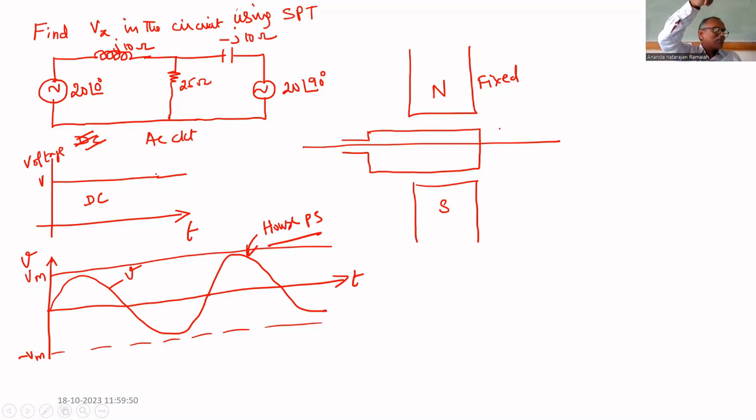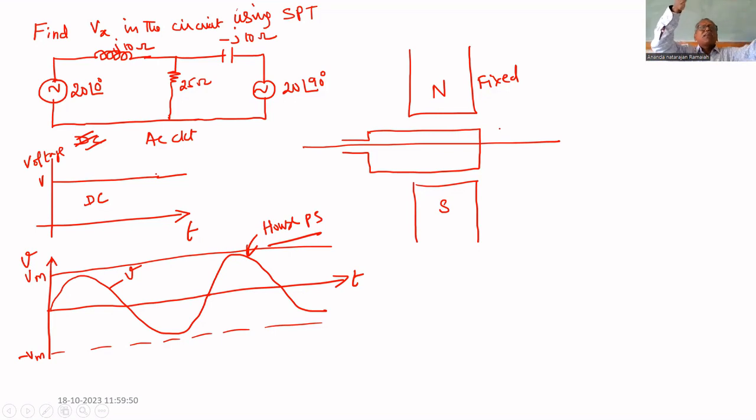Fleming's right-hand rule. What does it say? First finger is field, F for field. The middle finger is conductor. These should be perpendicular to each other. The direction of motion is perpendicular to both, then there is an induced EMF.